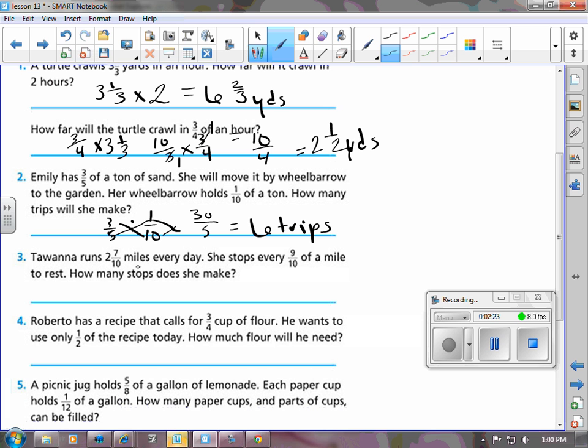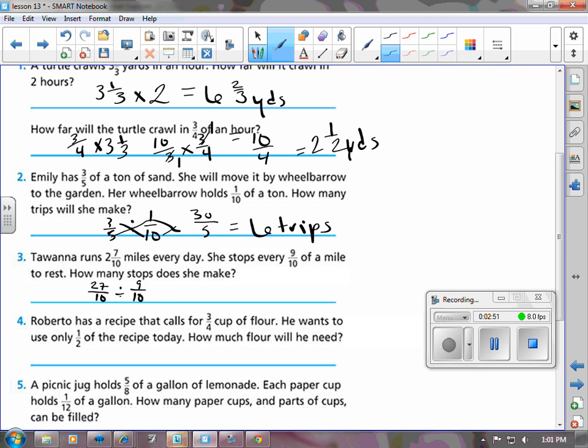Tawana runs 2 7/10 miles every day. She stops every 9/10 of a mile to rest. How many stops does she make? So again, you're going to divide the 2 7/10 miles by 9/10. Again, I would make this an improper fraction first. 2 times 10 is 20, so 27 plus 7, 27/10, and then divide that by 9/10.